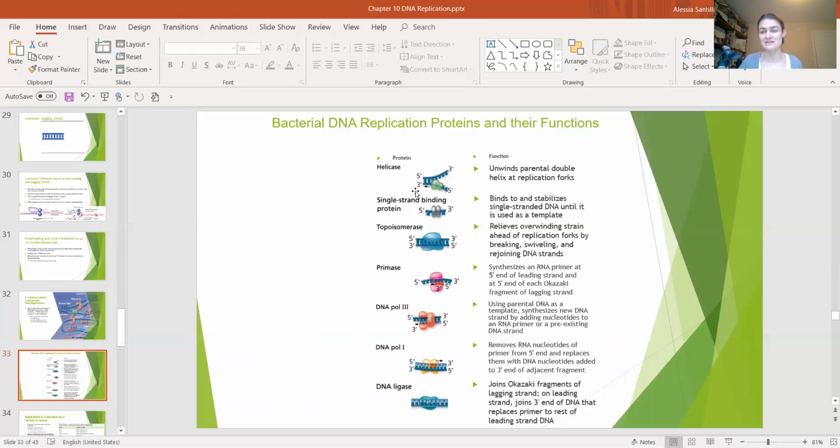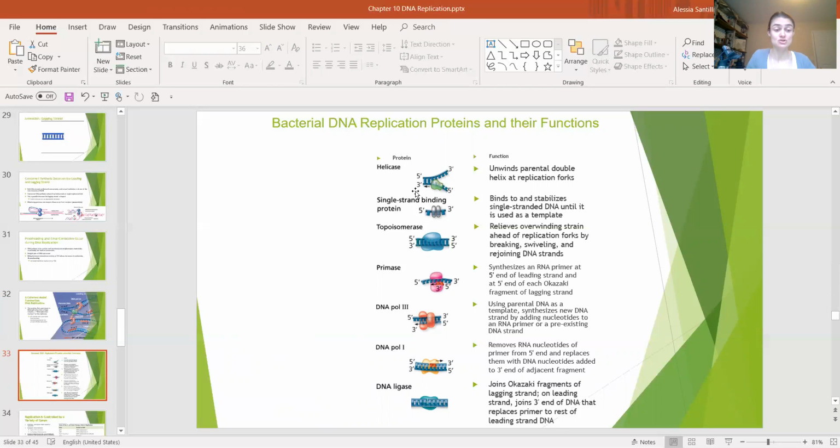Every single fragment, even the one on the leading strand that has an RNA primer, at this point DNA polymerase 1 is going to come out and clip off those primers, take them away, and fill in the gap with DNA, right? But now, especially for the Okazaki fragments, we have to put them together, and that's carried out by DNA ligase.